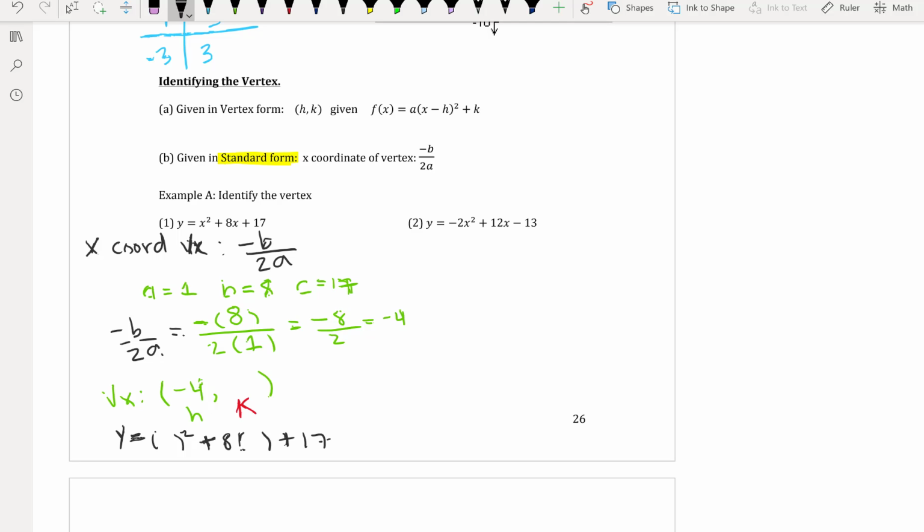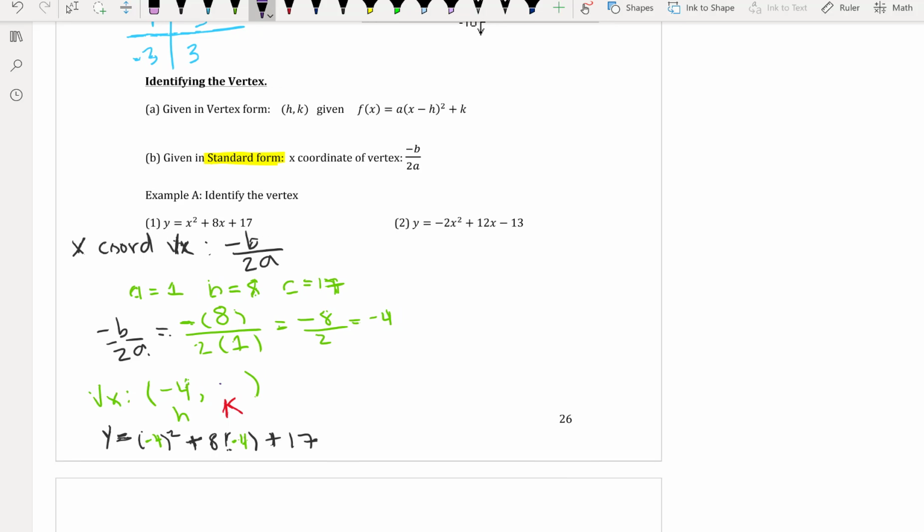Okay, so then that tells me that I'm going to be plugging in -4 into my equation. So when I plug in -4, let's see, -4 squared plus 8 times -4 plus 17 gives me +1. So I get this to equal +1. So now I have my vertex.